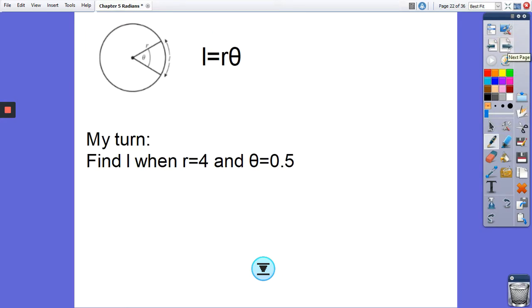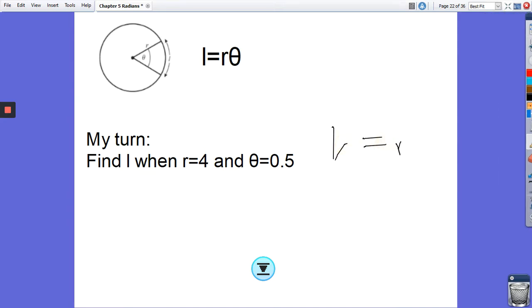So here we have L equals r theta, and we're just going to find out L when r equals 4 and theta equals 0.5. So if we have L equals r theta, then all we do is 4 times 0.5, which is 2.